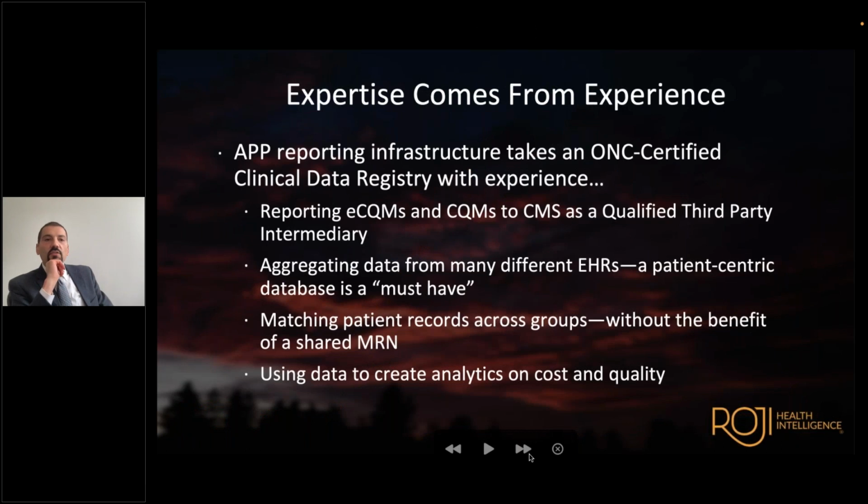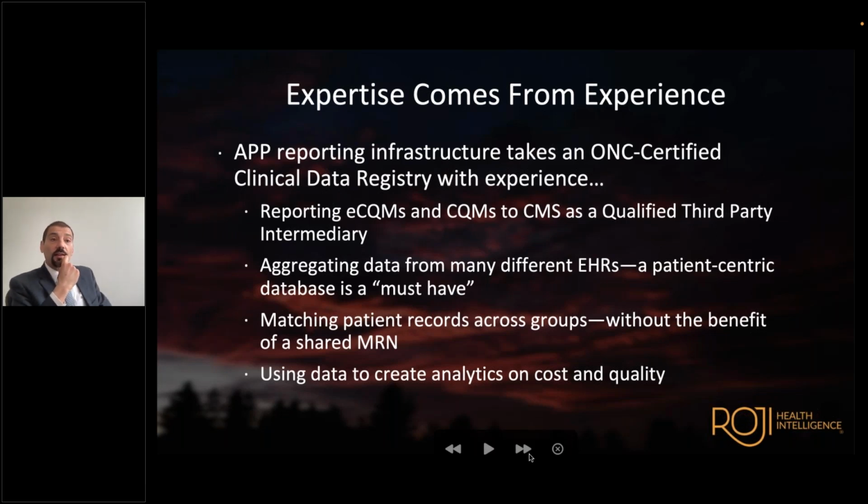So, taking these one at a time. Expertise comes from experience. So an APP reporting infrastructure takes an ONC certified clinical data registry that has experience doing all of these things. They've got experience reporting both electronic clinical quality measures and the MIPS clinical quality measures to CMS as a qualified third-party intermediary.